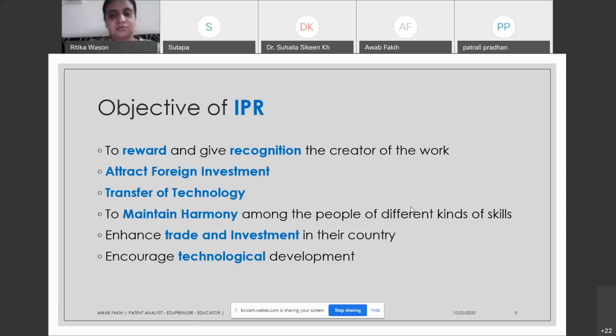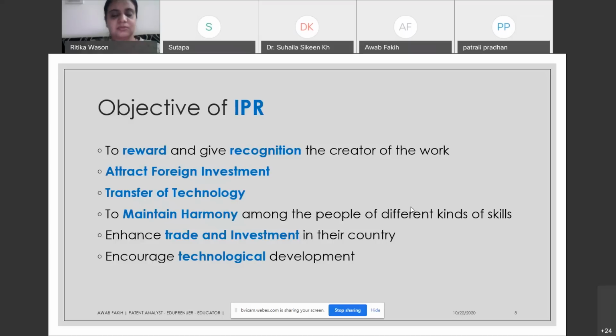It is also important to maintain harmony among people of different kinds. Innovation in every field is rewarded with protection, as the work of innovation in any field is equally time consuming and laborious. So if the right of the farmer, the artist, or the inventors, like Dr. Bhuvneshwar, Lalit Kumar, Namrata, Shalini, Shilpa, amazing inventors we have over here, is not protected, that is completely unfair, right?